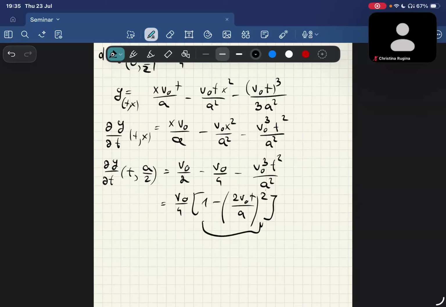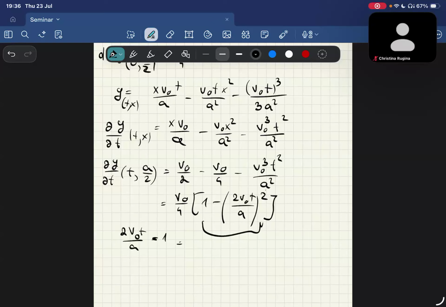Okay. So this function right here vanishes when 2 v0 t over a is equal to 1.